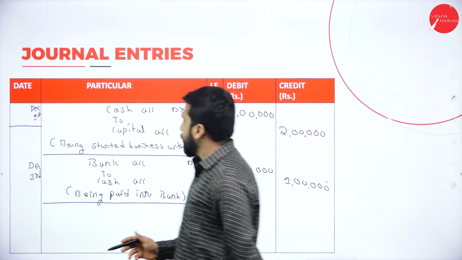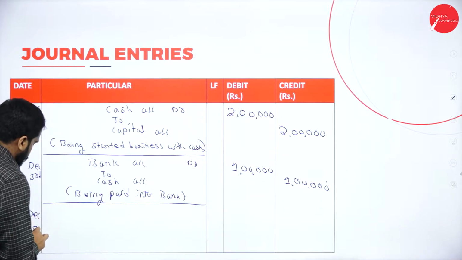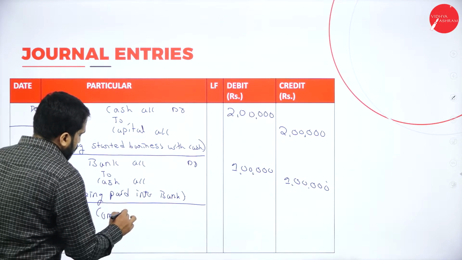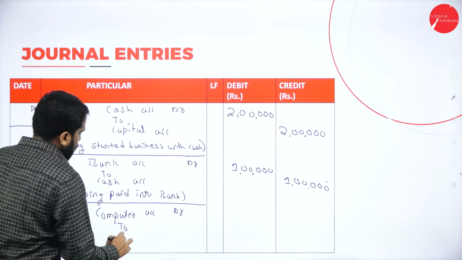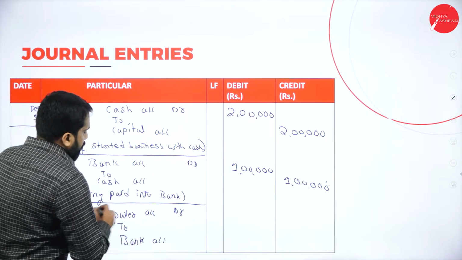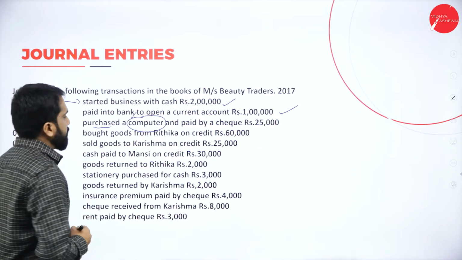25,000. Now, December 5th, computer account debit to bank account. So, what is the value? The value is 25,000.